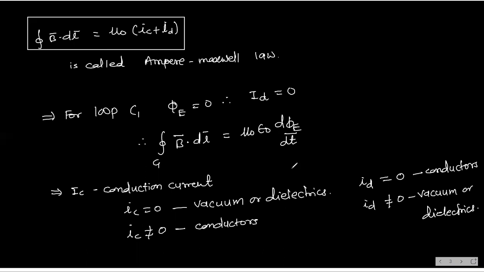Okay, so whatever these terms we are getting, that we have to use. Okay, so for loop C1 also you are getting only mu naught epsilon naught d phi by dt. Why? Because this displacement current is going to be 0 there. Yes. Okay.